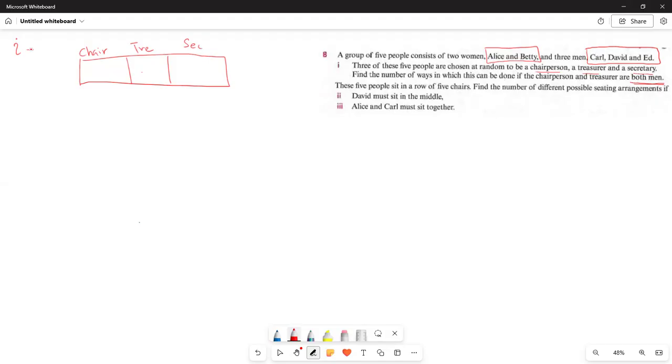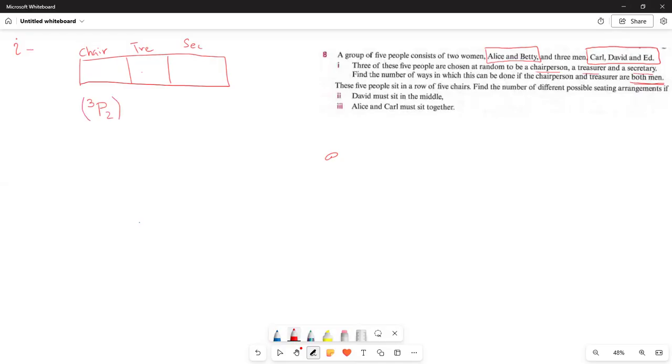If I choose Carl and David, for example, Carl as chairperson and David as treasurer is one option, and David as chairperson and Carl as treasurer is a second option. So the order is also important. In this particular case, for the men, I will do 3P2. This will give me the number of ways I can have the 2 men over here.